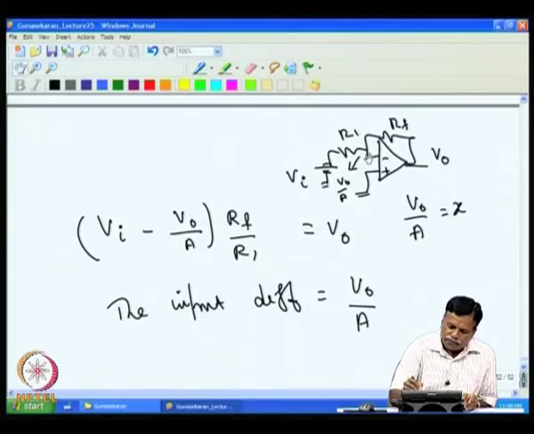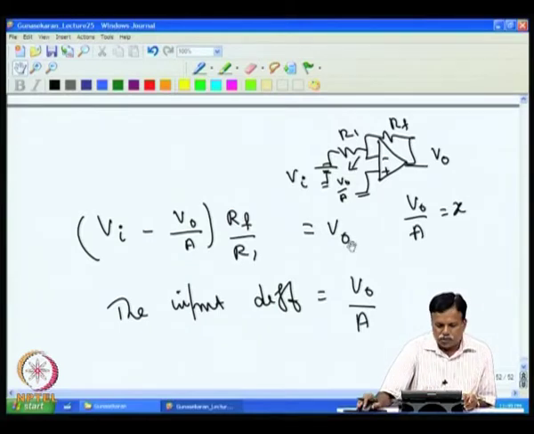If we go by our earlier formula, applied voltage is taken as VI multiplied by the gain. Now, applied voltage is not VI, it is less by V0 by A. So, we take the applied voltage as (VI minus V0 by A) into Rf by R1, which is our output voltage.